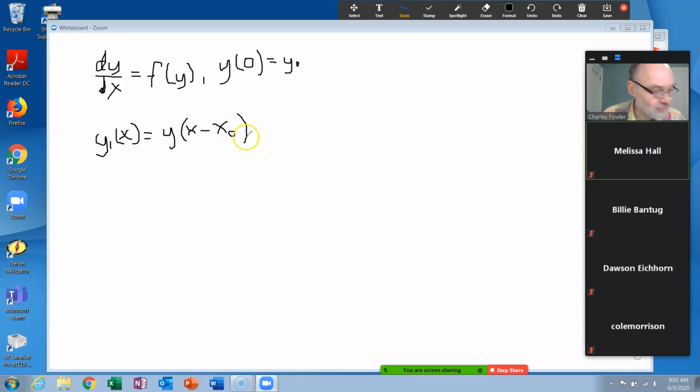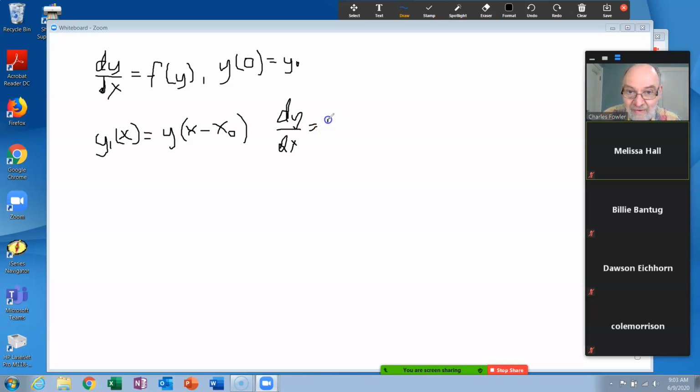Okay, now, this is a solution to this slightly different initial value problem. dy dx is equal to, very similar to the other one, but with a different initial condition.